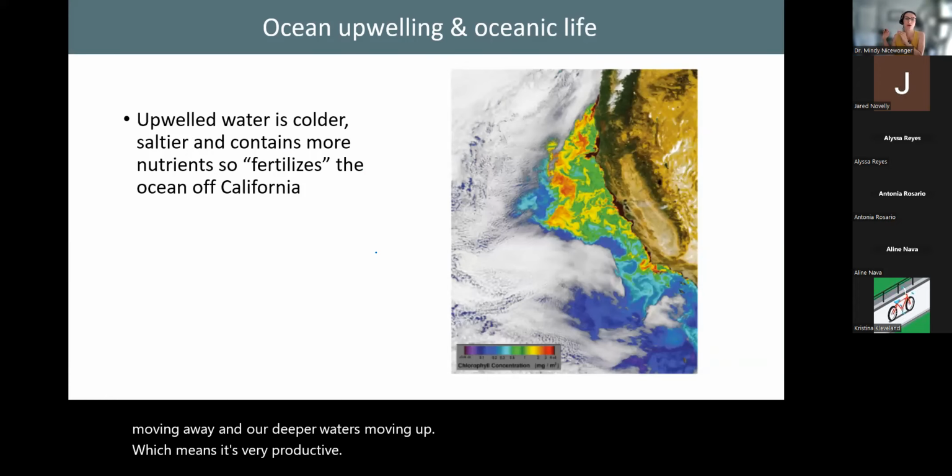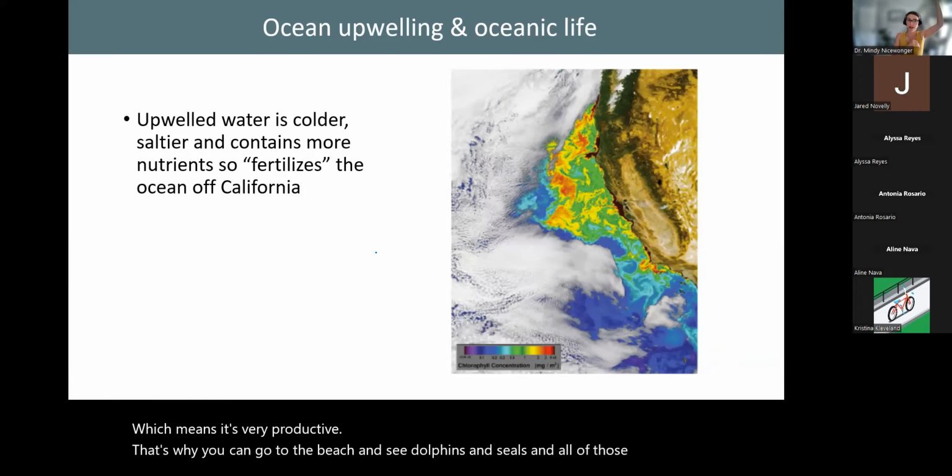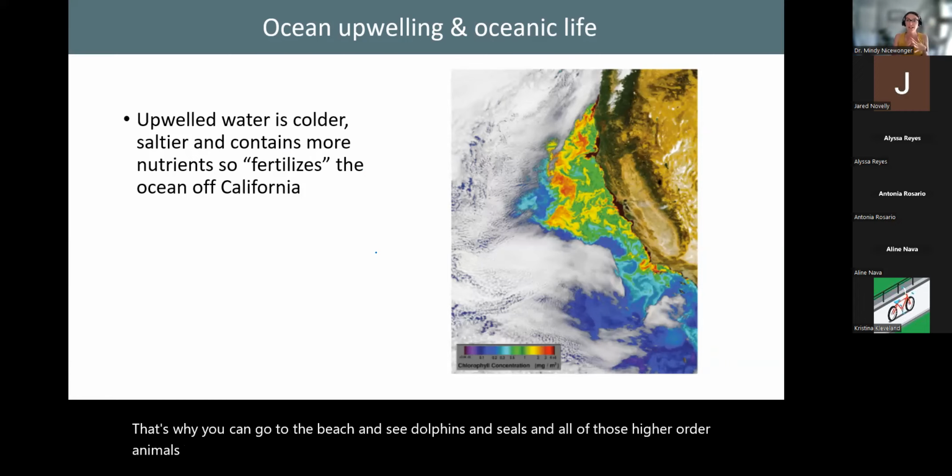That's why you can go to the beach and see dolphins and seals and all of those higher order animals because there's so much life, right? Those dolphins and those seals need the fish and all of their food supply, and you're only going to get that if there's enough nutrients.